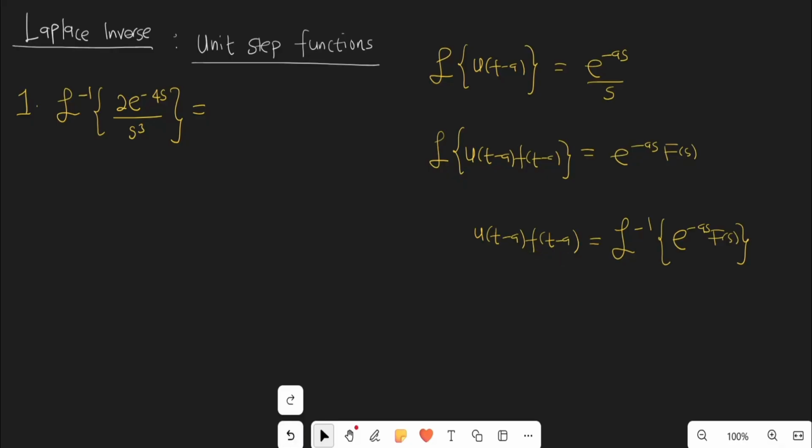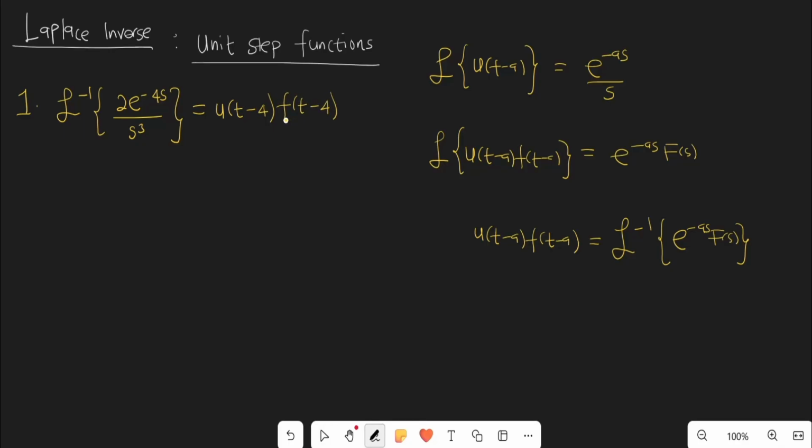So here the unit step function is going to be u of t minus a, but a in this case is the constant in the exponential function. The constant in the exponential function in our case here is 4. So here we are going to get u of t minus 4, and this is multiplied by f of t minus 4.